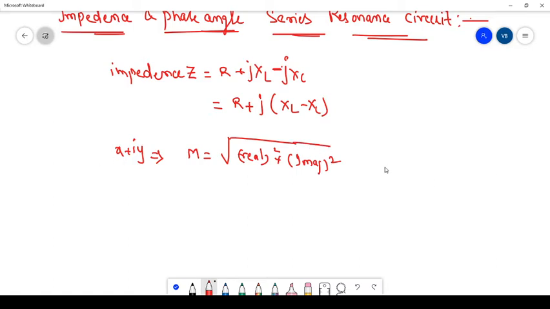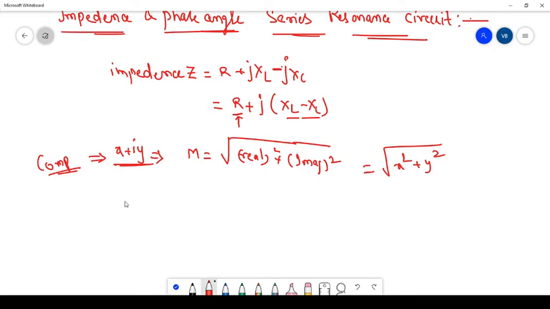In the equation R plus j(XL minus XC), R is the real component and XL minus XC is the imaginary component.